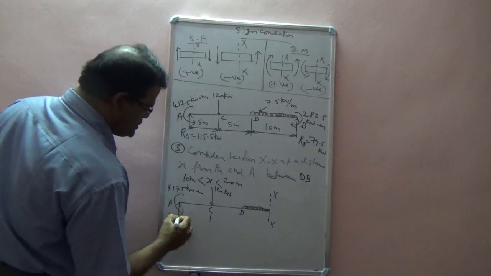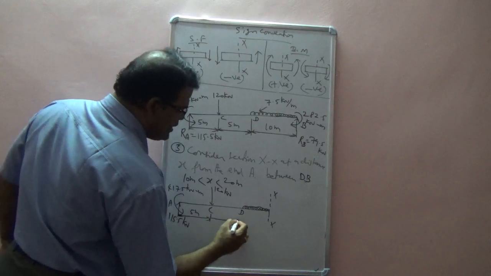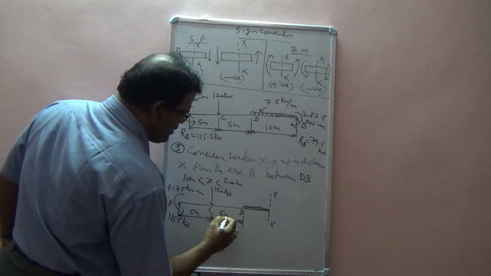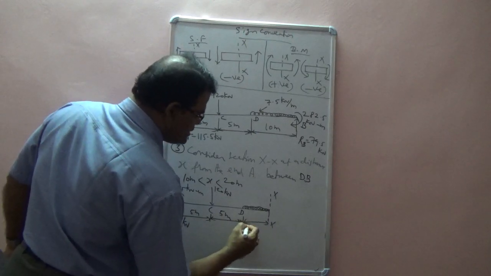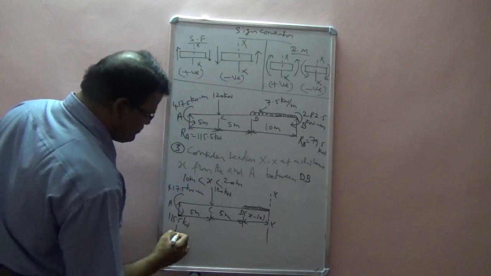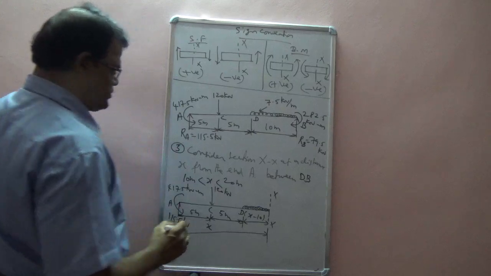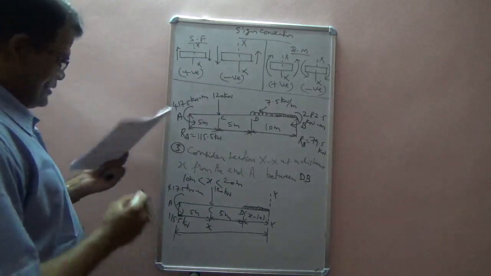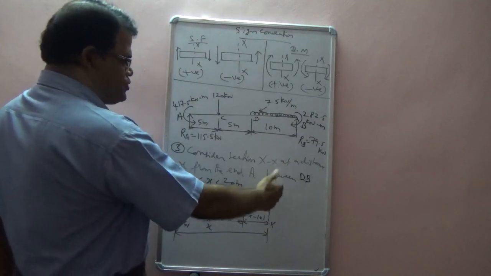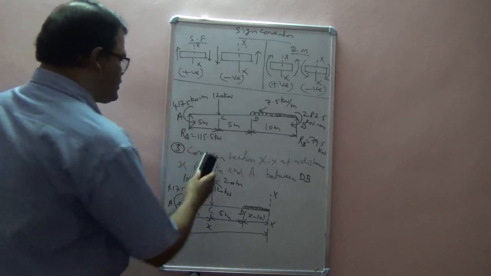So this distance is 5 meter, this distance is 5 meter, this distance is x minus 10, whereas this distance is x. Then we will apply the shear force and bending moment equations to develop the equation at section XX.